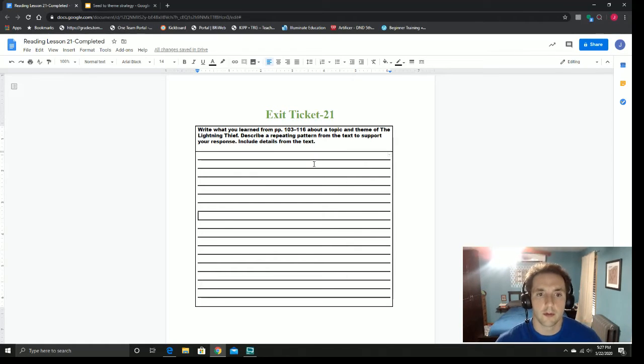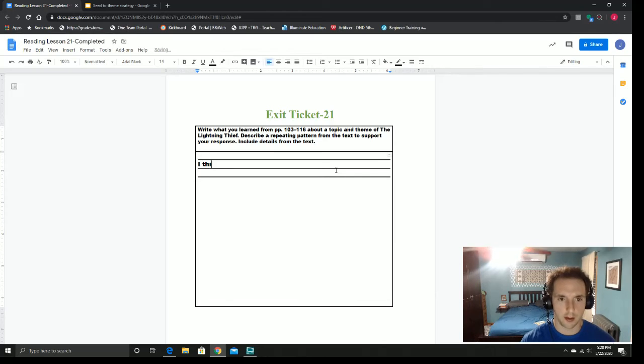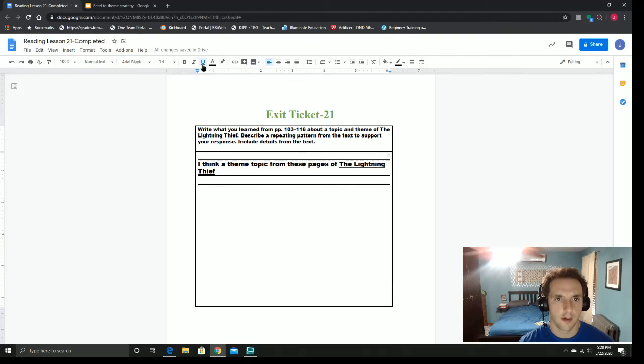So I'm going to use the theme topic of identity. Again, if you use a different theme topic, that's fine. And then I'm going to show you how I grew that into a theme. Okay. I think a theme topic from these pages of The Lightning Thief is identity.